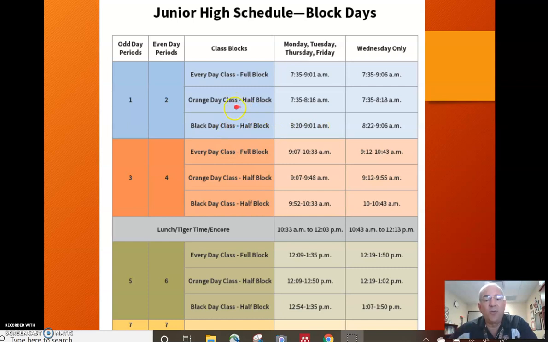So you would have both orange and black day classes in the same block period if you have an every other day course. This would happen with every one of the periods. There's a full block everyday course, and then there's a skinny, which is a half block, which is more like the traditional course we've always had.